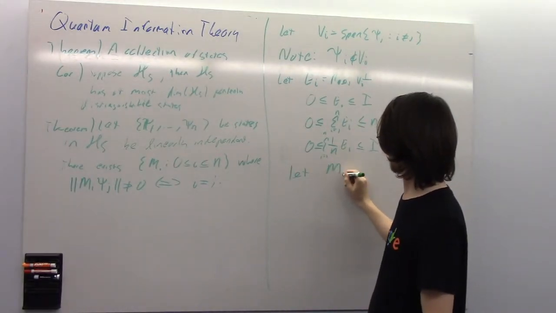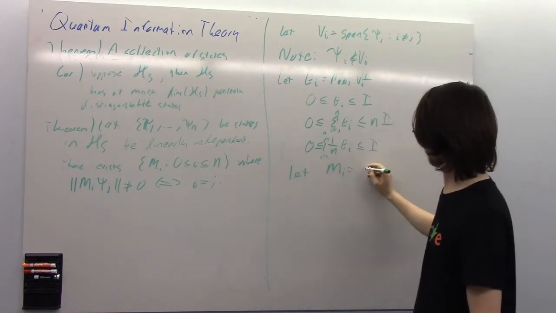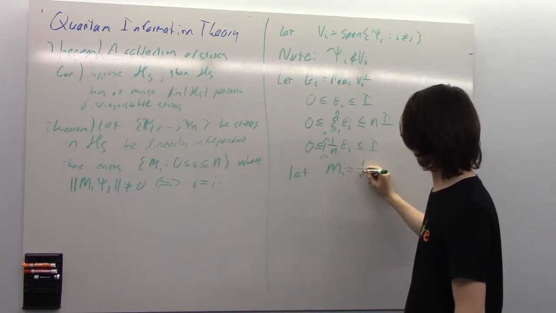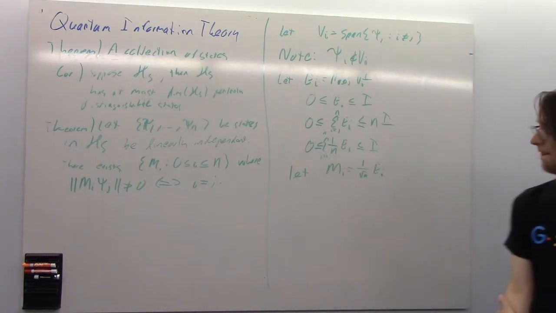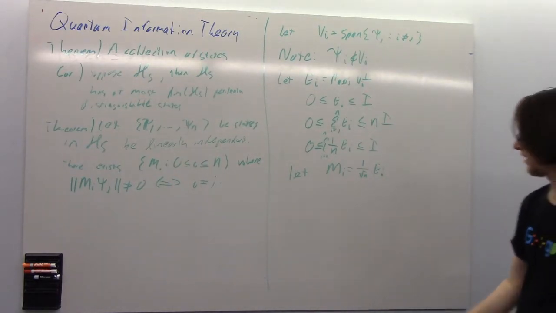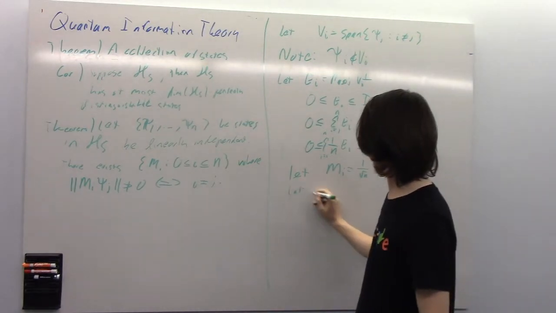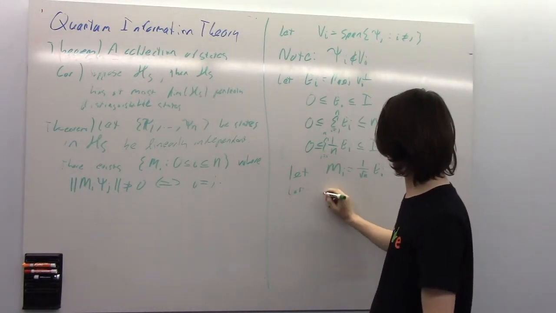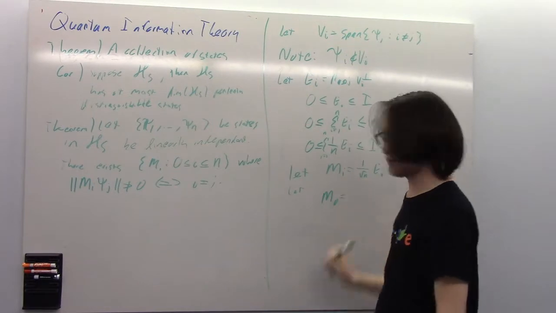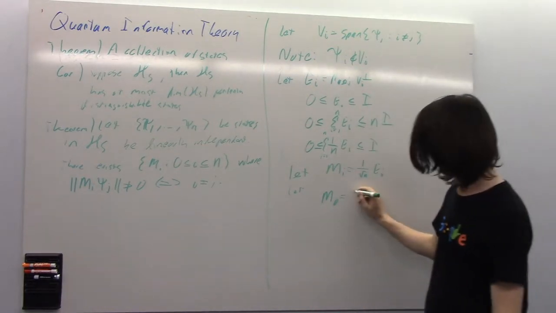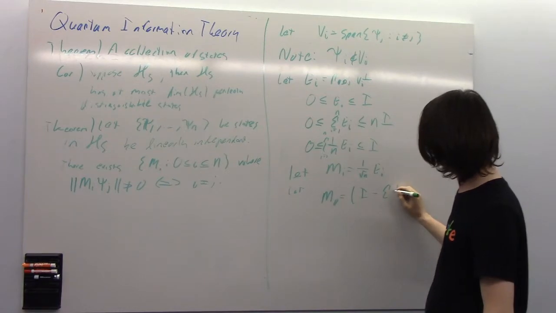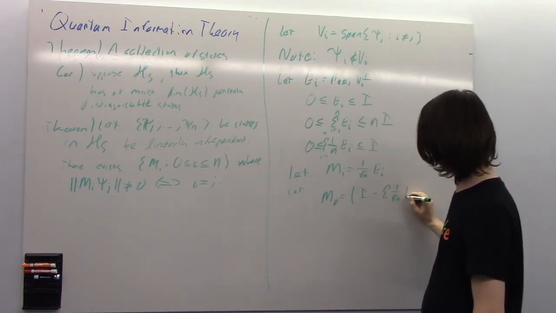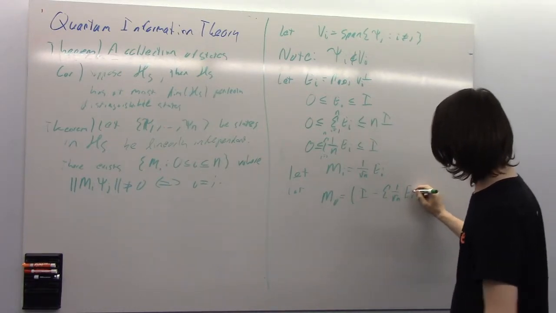Let mi equal 1 over the square root of n EI.